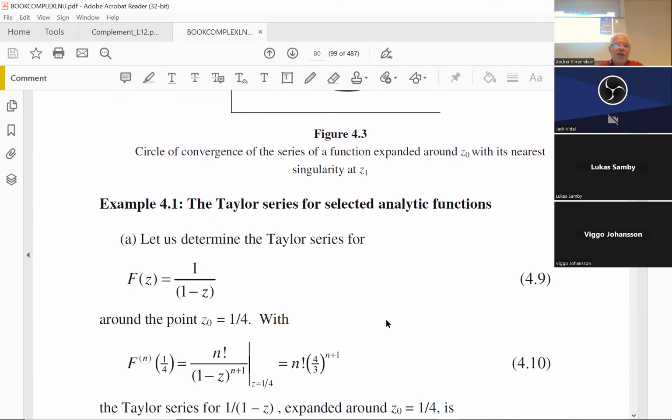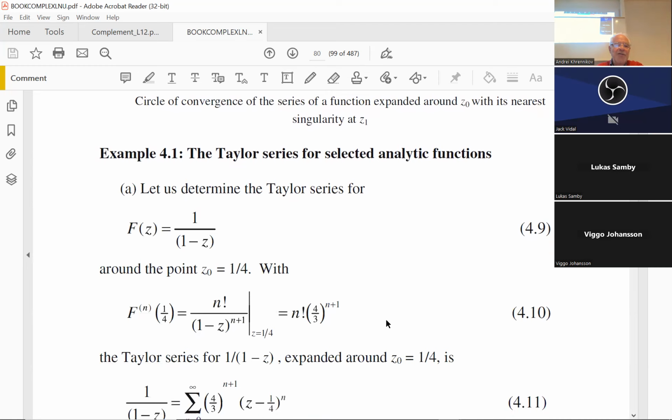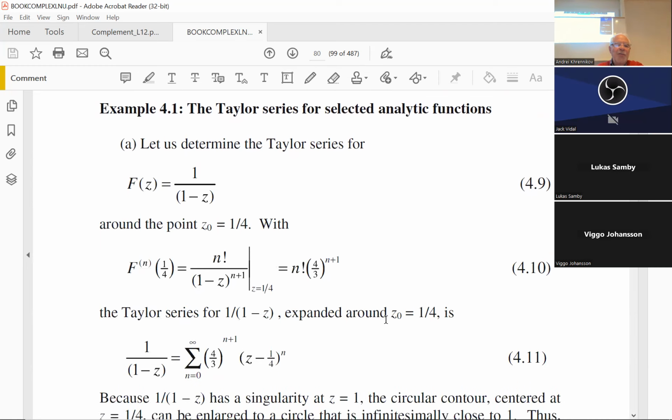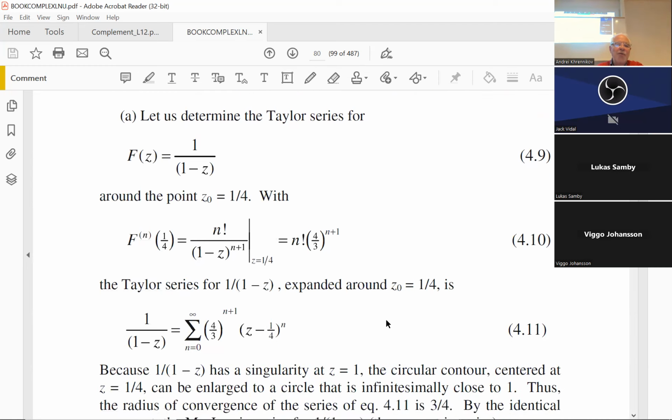Now determine the series for this function at the point z0 equal to 1/4. Of course, we need not calculate derivatives; you can easily expand this function around 1/4. Calculating derivatives is not a good idea, because if the function is more complicated, it will take a lot of time.